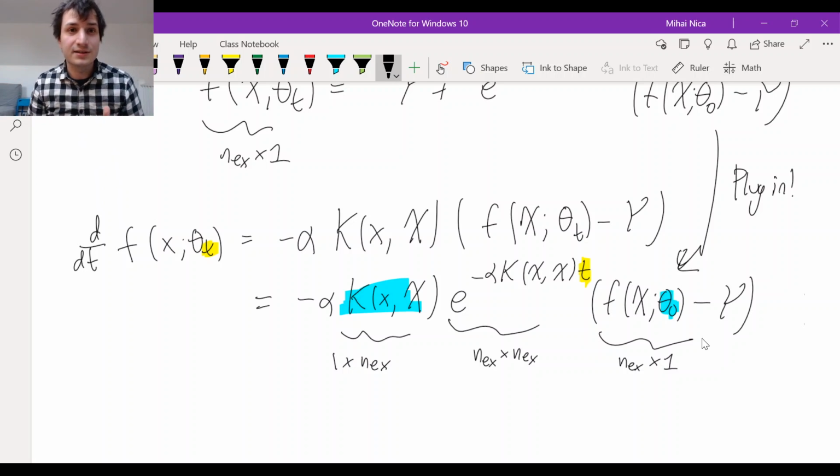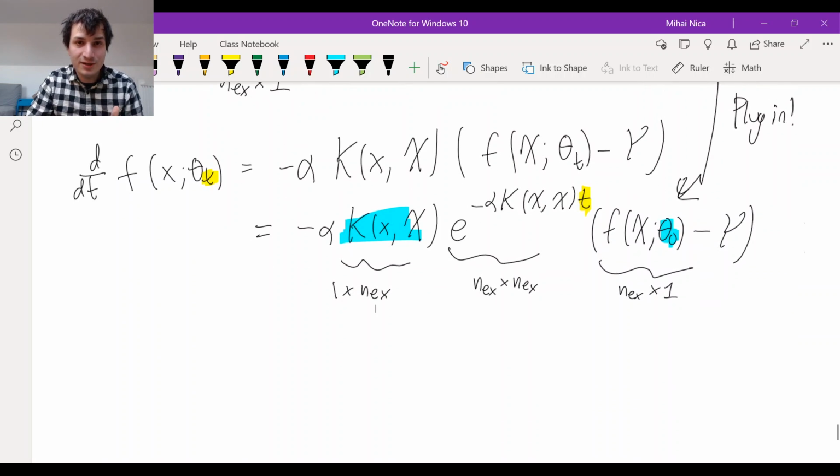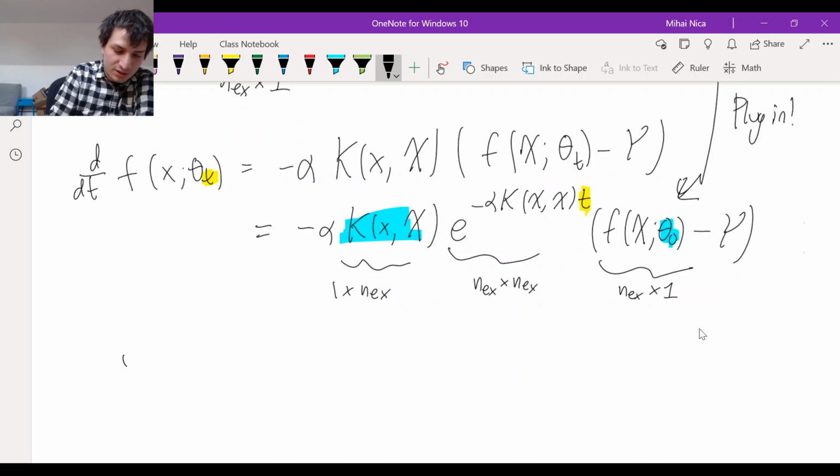Everything else is constant. And so this equation that we have here is just telling you what the derivative of f of x theta t is explicitly. And this is just like the differential equation y prime of t is equal to c, it's like this equation, e to the ct times y.